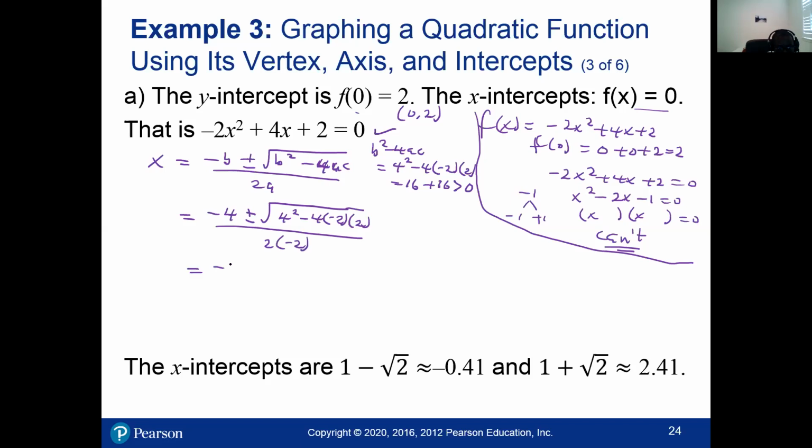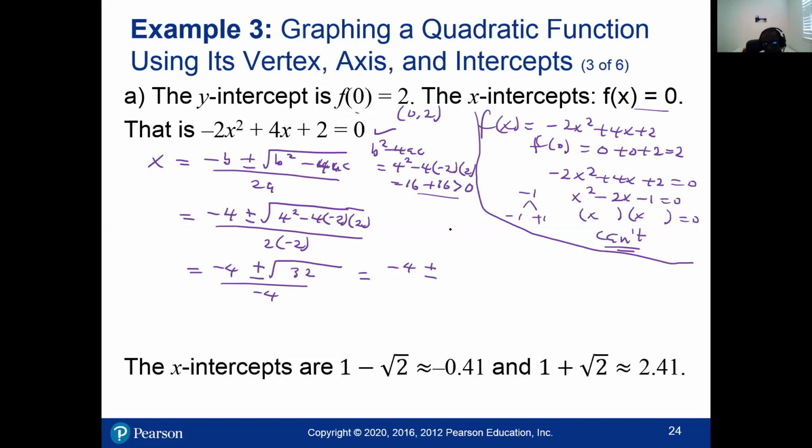So this is minus 4 plus or minus the discriminant we just found, 32, everything divided by minus 4.